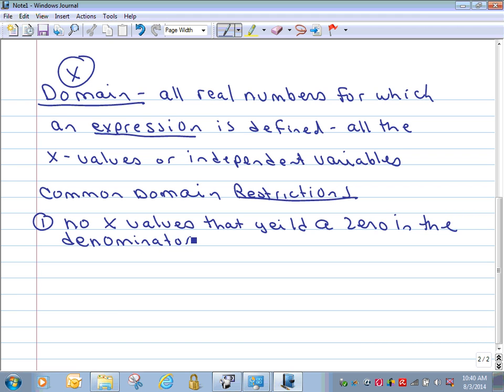So if you have a fraction and you plug in an x value that would create a 0 in your denominator, that can't happen because you would have an undefined slope or an undefined term. So that is a common restriction.